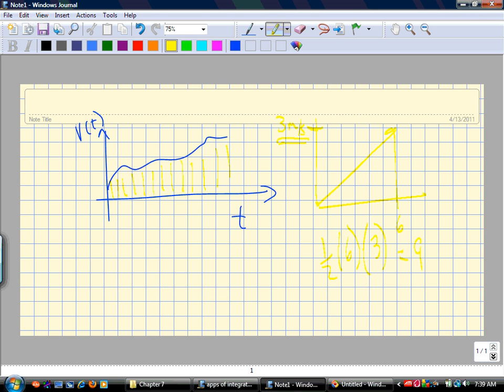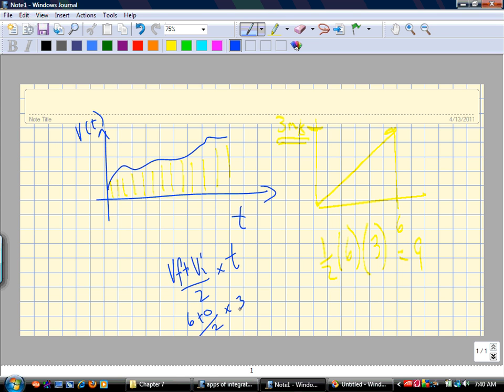Physics 11 people, how do you find displacement? Using initial velocity and final velocity. Oh, wow. Mr. Abraham, it's time for a phone call. VF plus VI divided by 2 times T. Well, guess what? 6 plus 0 divided by 2 times 3.